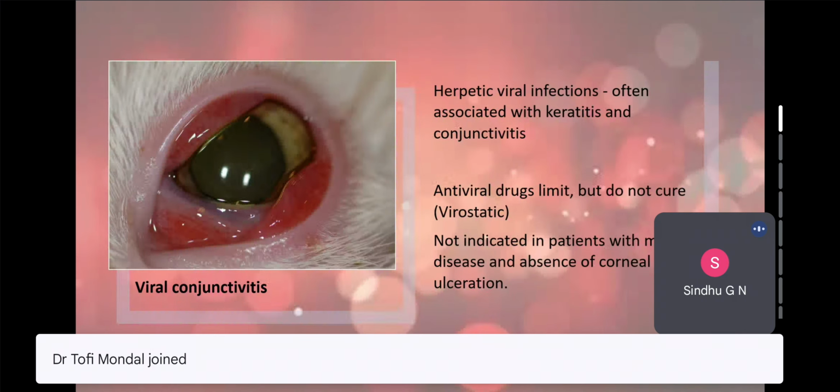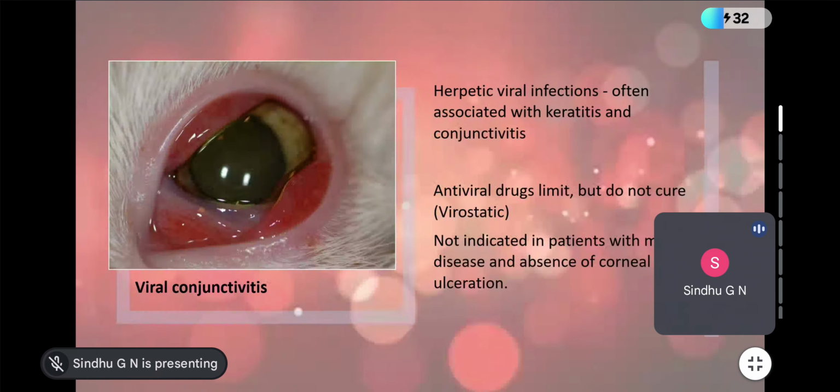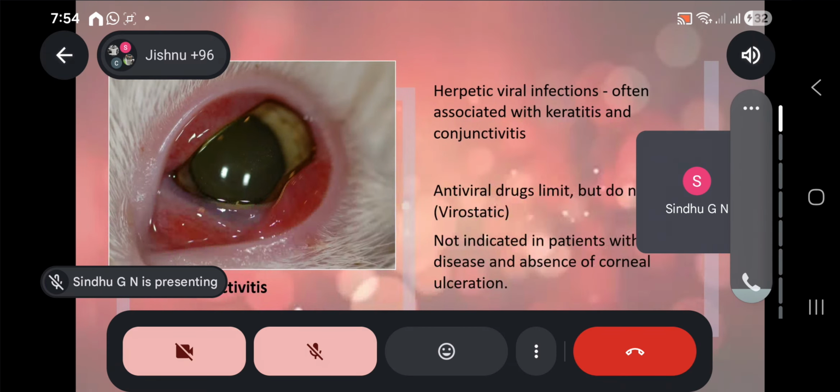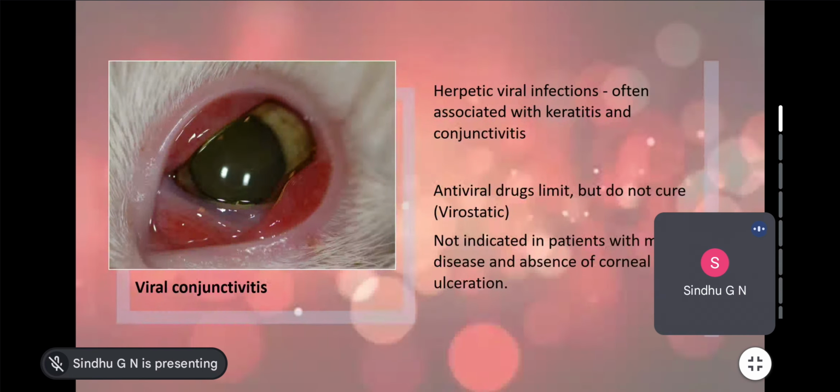Then viral conjunctivitis, especially herpetic viral infections, are very common, and often they are associated with keratitis, corneal ulcerations also. So regarding the use of antiviral drugs, they all are virostatic. They will just arrest that phase, but will not eliminate or cure the viral infection.